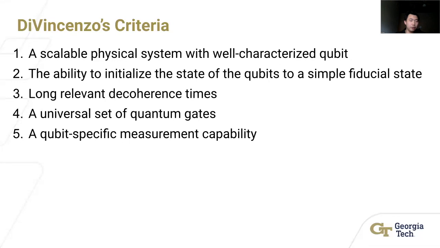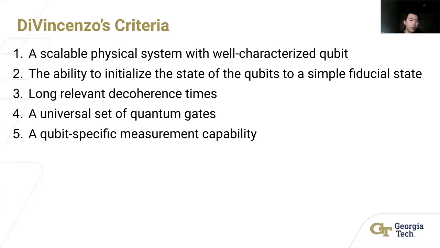We usually initialize it into the 0 state to start the computation, but depending on the task there are more desirable initial states. For example, if you want to do some classical task, you have to encode the classical data into quantum data first. So you have some initialization process there.